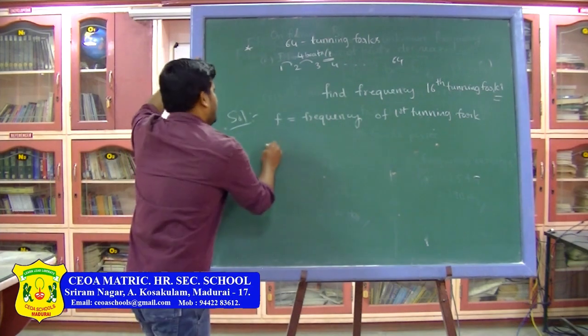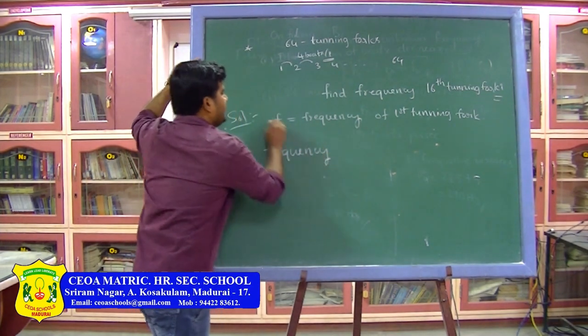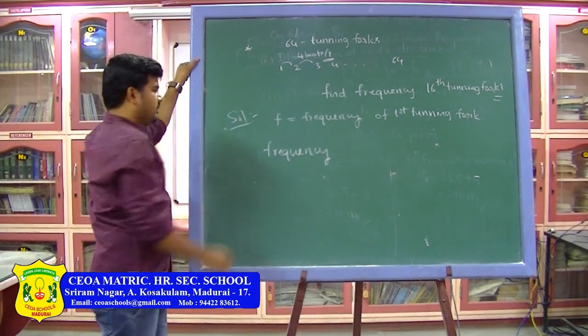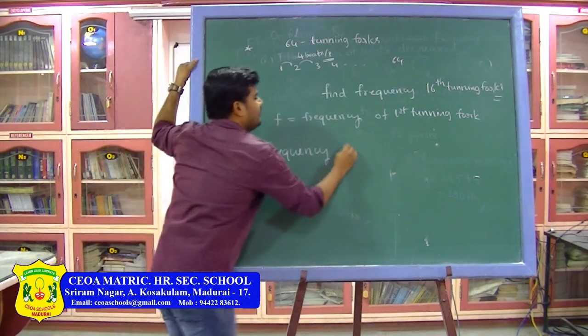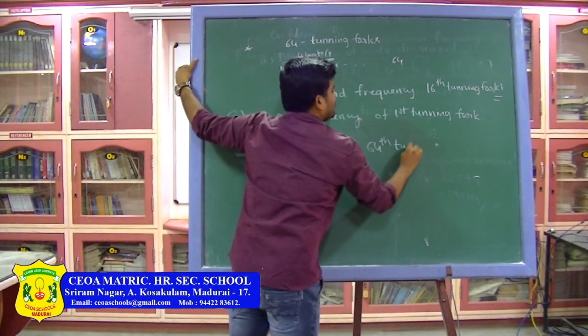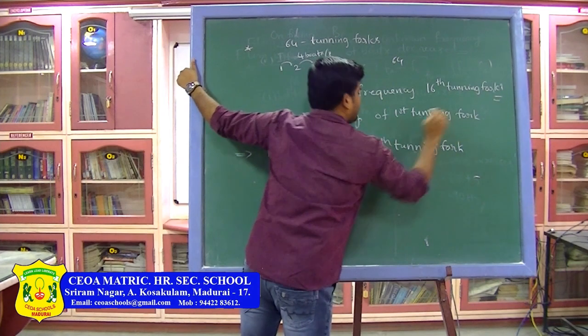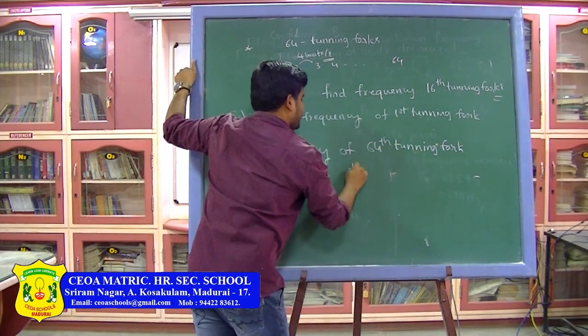If f is the frequency of the first tuning fork, then the frequency of the last, that is the 64th tuning fork, let me take it as f dash.